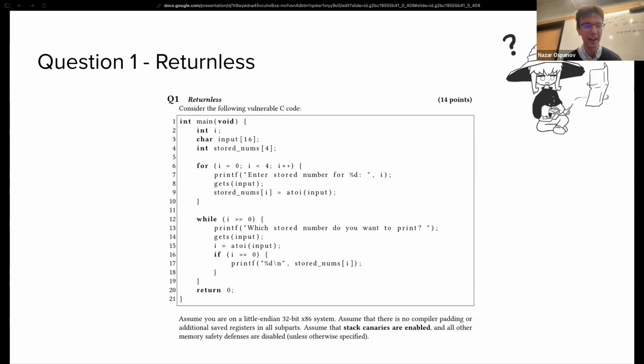On a high level, we have our function main, and we initialize an int variable i, an array of characters input, and an array of integer stored numbers. Then we have our for loop where we set i from 0 to 4 and increment it.